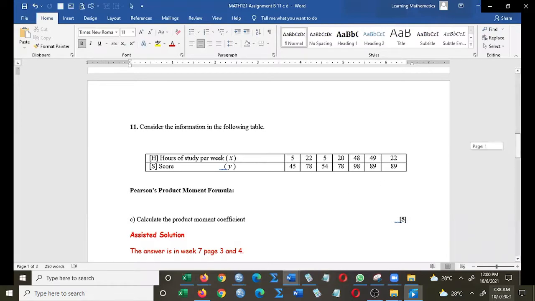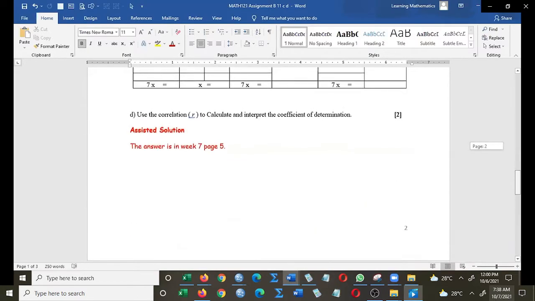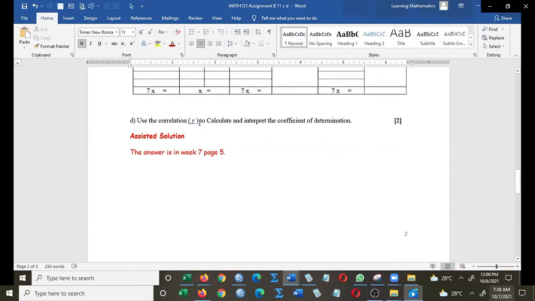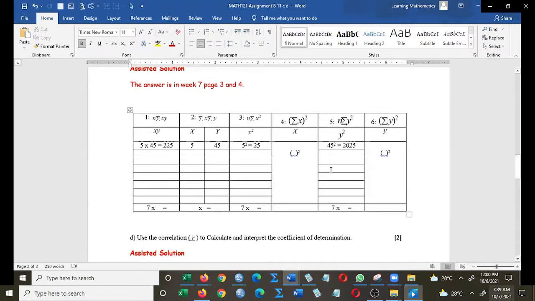Okay, so here's the assignment, and part D is saying to calculate the coefficient of determination. We're going to do that after. Now a template has been given to help with that process. In the test, you will have to develop your own table. But here in the assignment, a table is already provided, and some first numbers are already done, just to give you a head start.